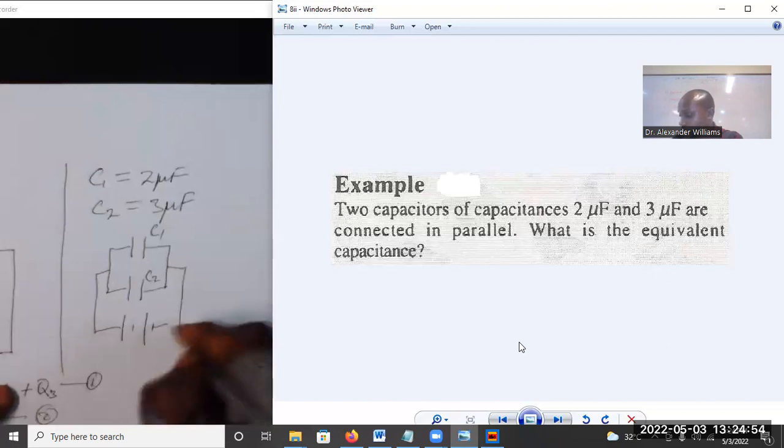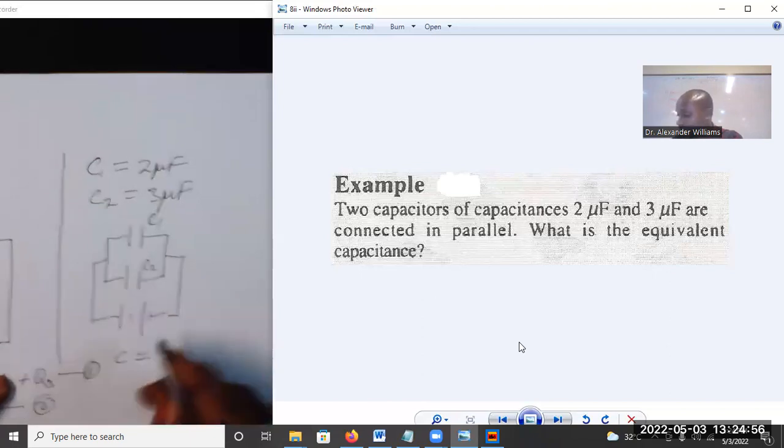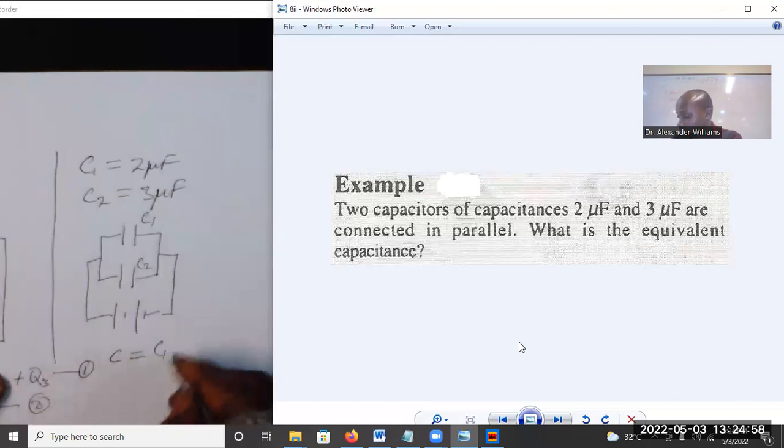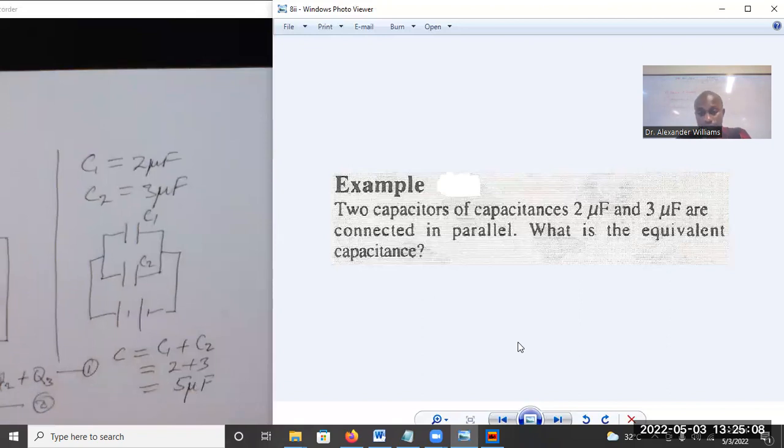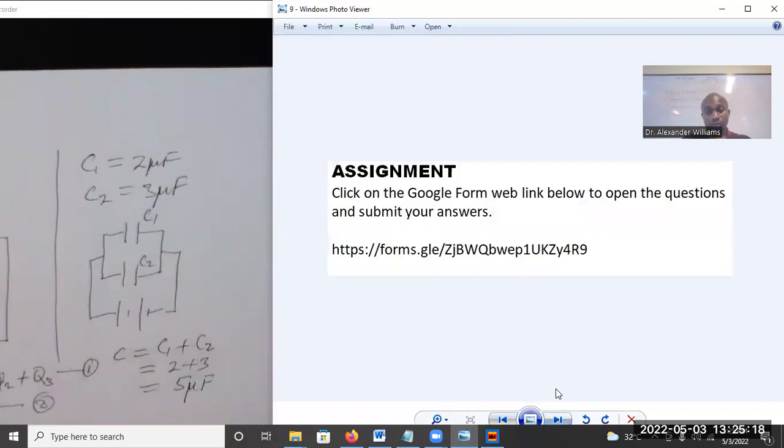So the effective capacitance in parallel is C1 plus C2, which gives 2 plus 3. You end up having 5 microfarad. So this is all we can say about when you connect capacitors in parallel: you add all the capacitances of each capacitor together.